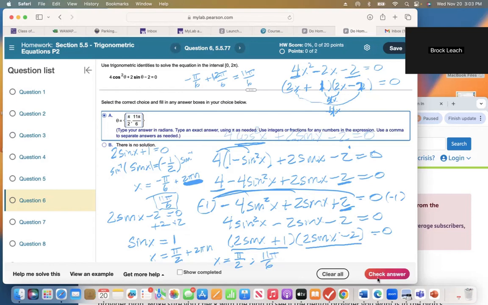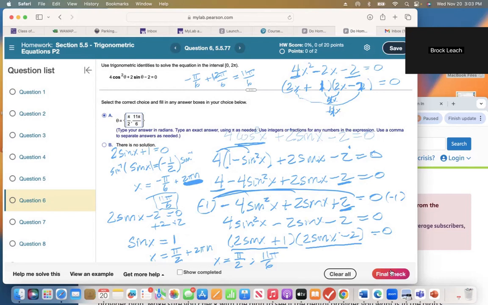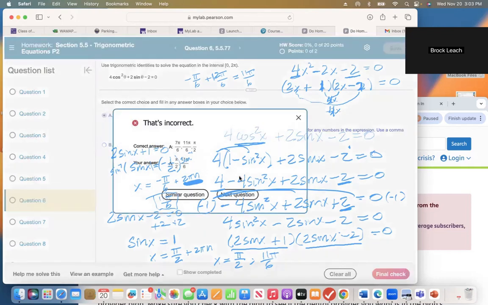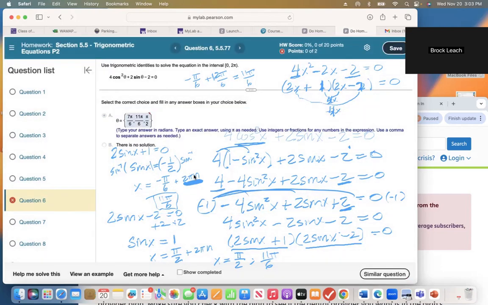It said one of those was wrong. Use the Pythagorean identity to transform the equation. Okay, we did that. That's not liking something I have there. Oh, you're right. I'm missing one. Sorry, guys. I wasn't thinking here.